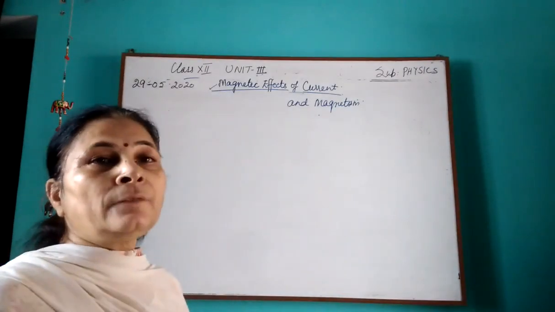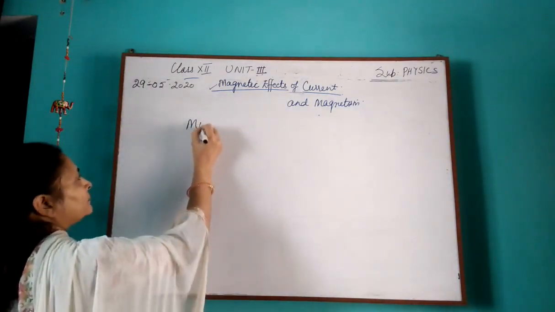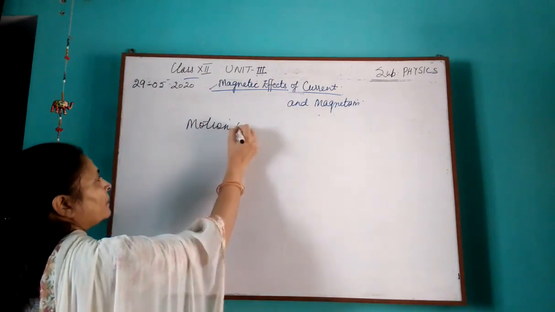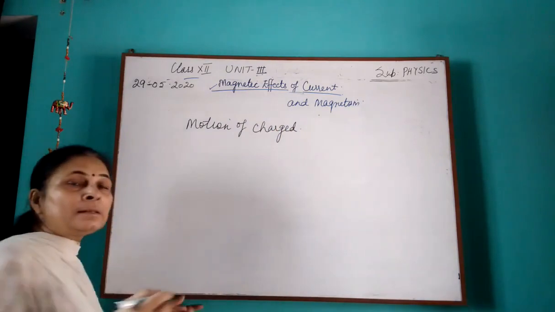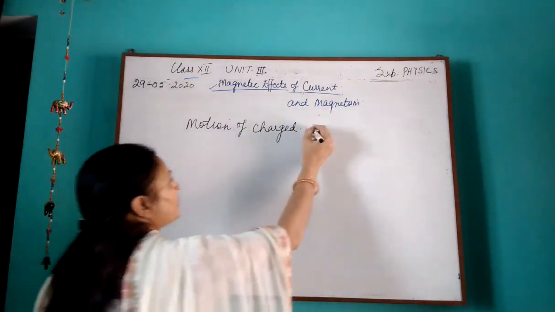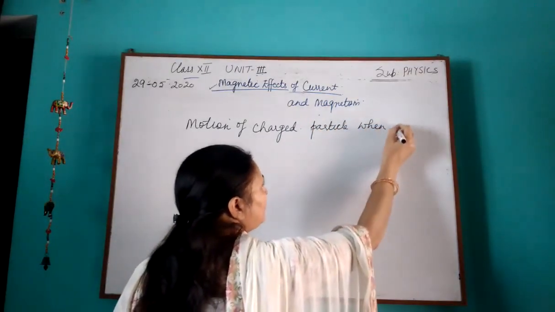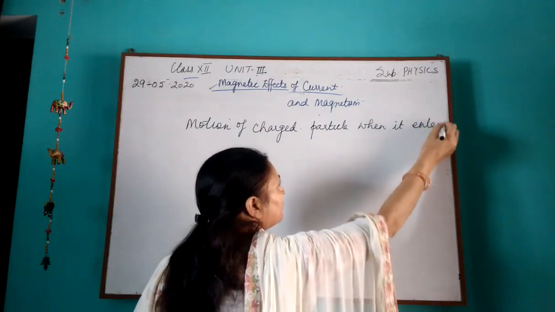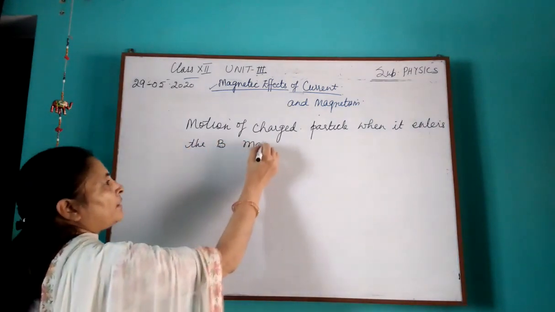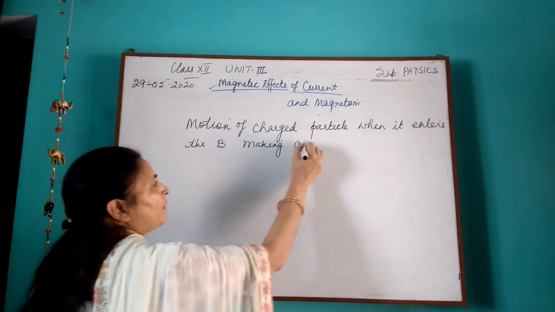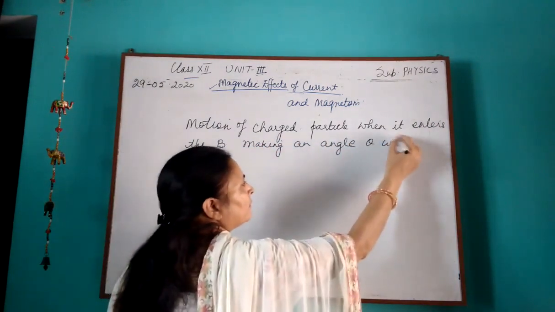Now we'll see the motion of a charged particle in a magnetic field when it is not perpendicular, that is, when it enters the magnetic field making an angle theta with it.